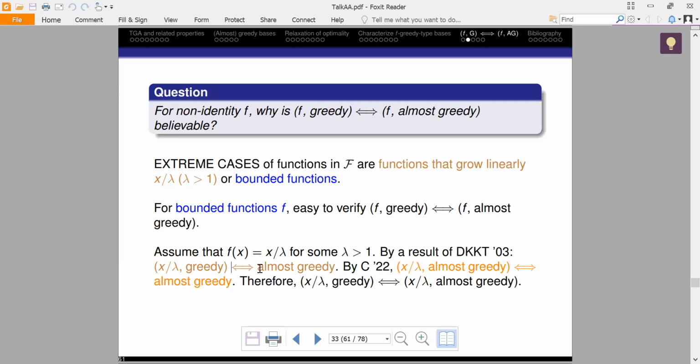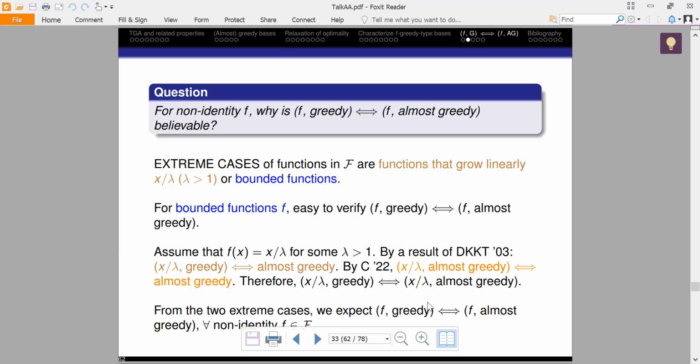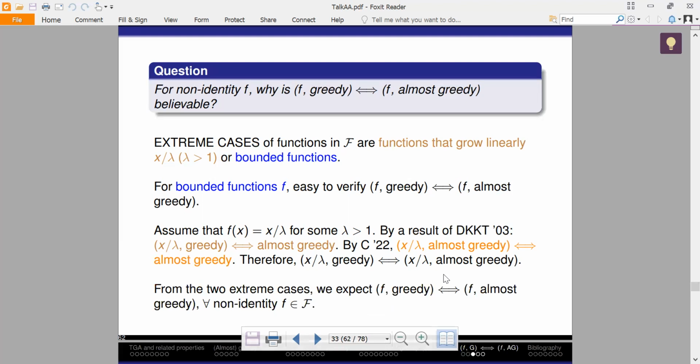So of course, if you see these equivalences, then X over lambda with D is the same as X over lambda almost with D. So now you see that for the two extreme cases, we expect the equivalence for all non-identity F in the family.